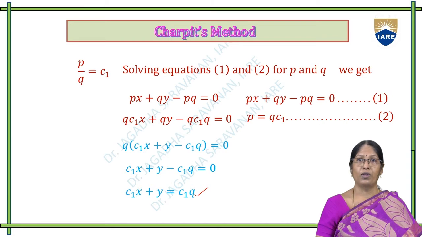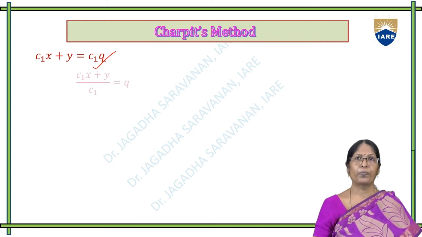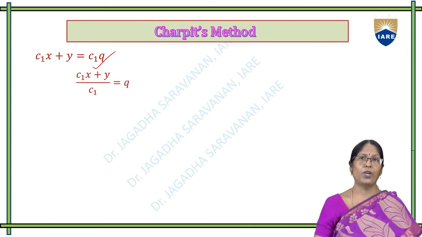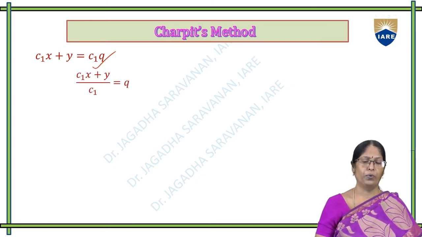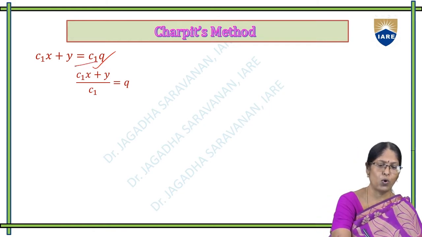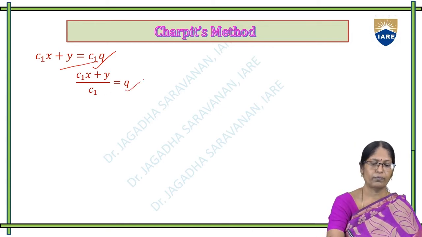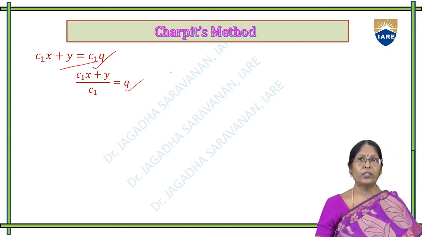This is the result in the last step, from which we obtain q. We brought c1 to the left side, and it has become q equal to c1x plus y by c1.